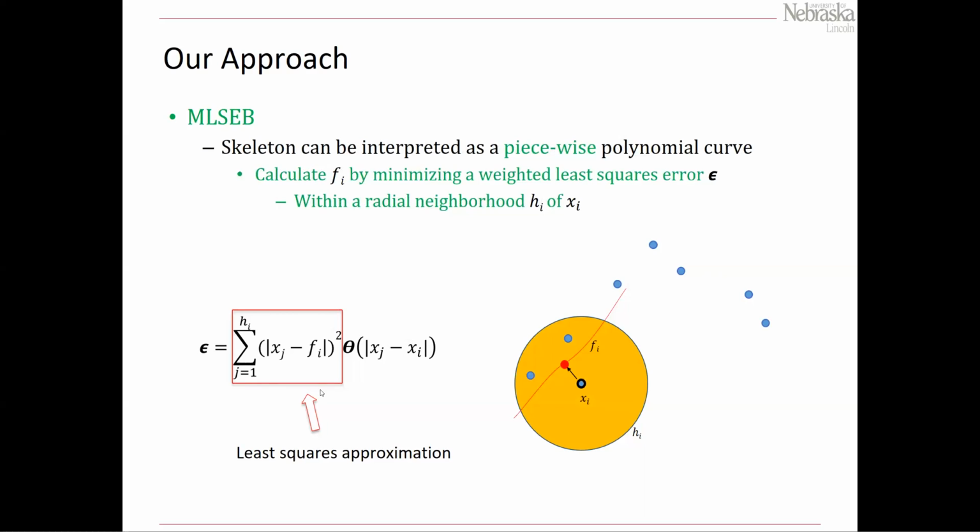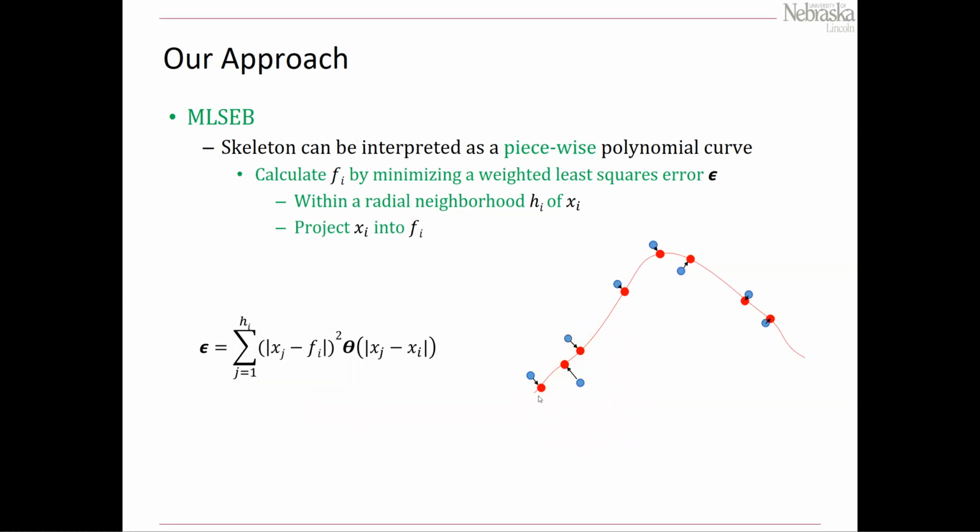In this equation, the first term is the least square optimization, and the second term is essentially a Gaussian function to express a weighting between the points. By minimizing this equation, we can form a local piecewise polynomial curve fi. Then we can project each point to its new position on fi.